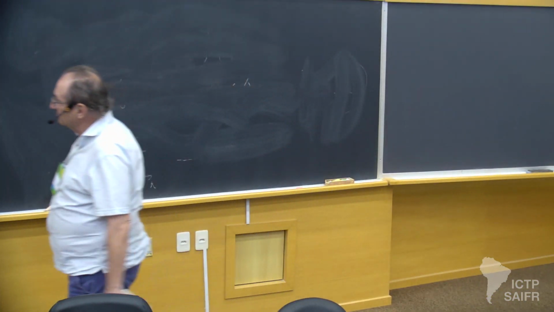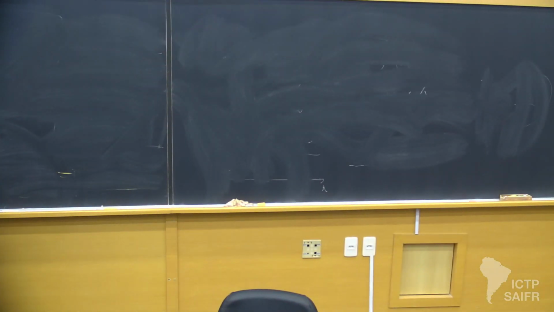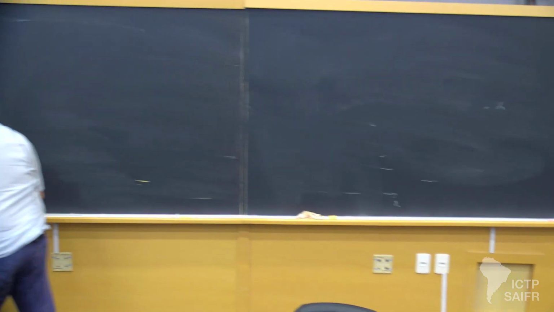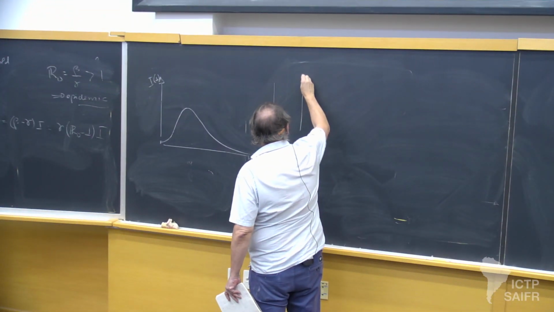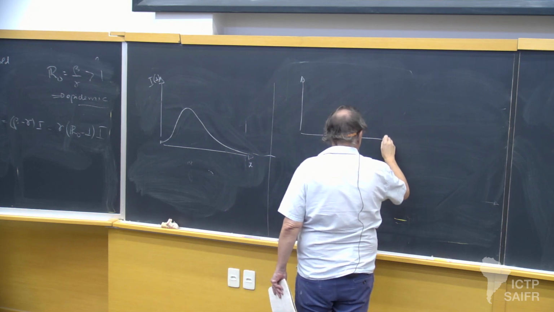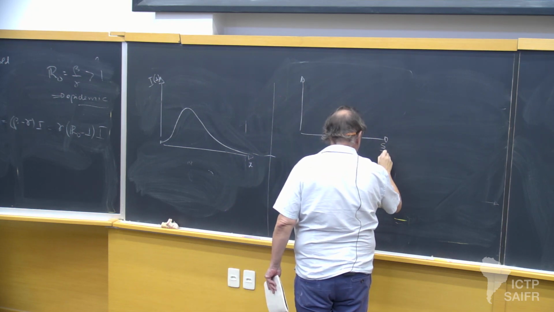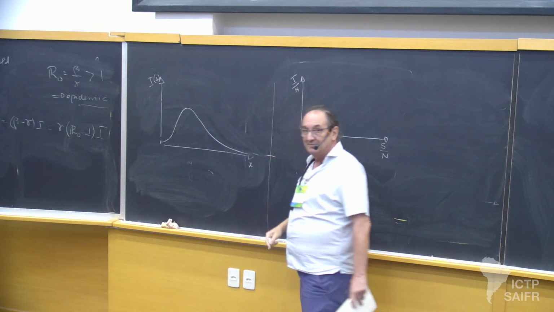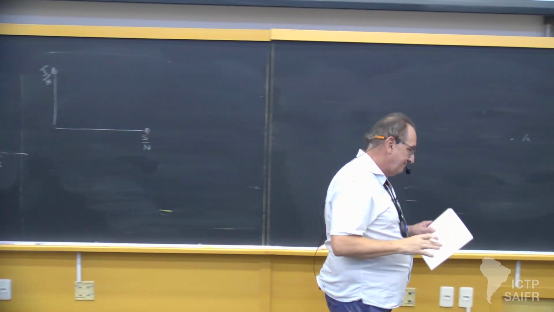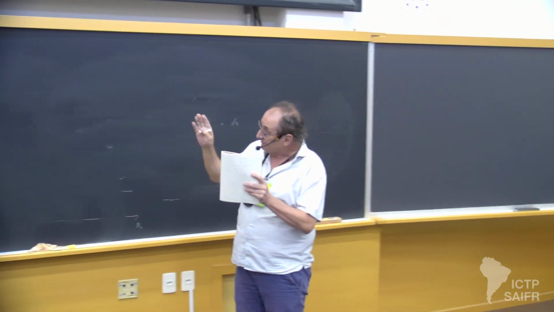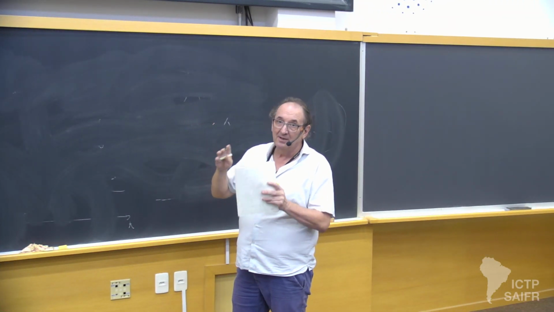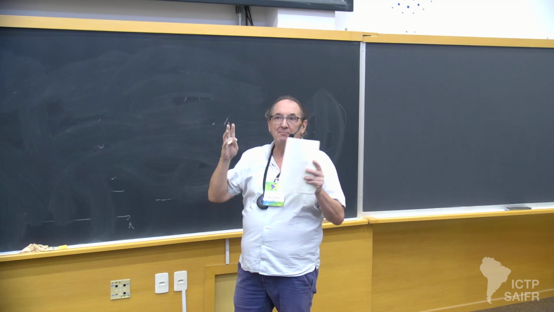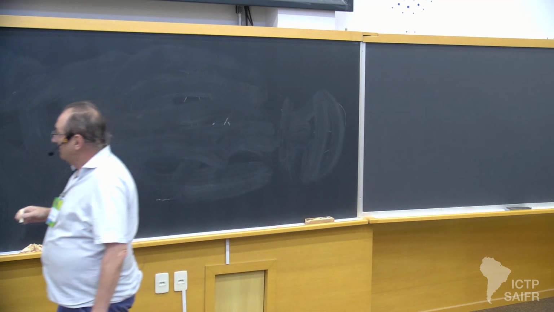Now you could also draw a different plot, which is a little bit more conceptually involved. I take S over N and I over N, and I want to plot on this plot, which is called a parametric plot, the solutions.